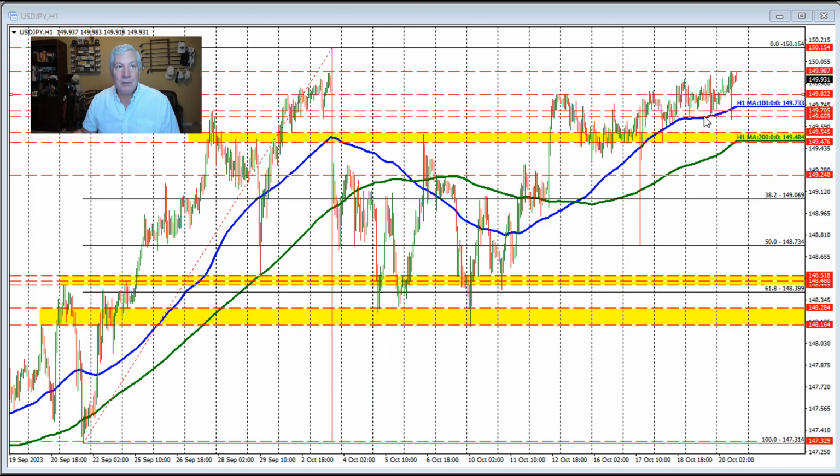We did break below the 100-hour moving average, however, and came down to test the low prices from yesterday. Actually moved a little bit below them at 149.659, but momentum could not be sustained, and we snapped back higher, like we snapped back higher here, and we snapped back higher here. So that's the fundamentals.